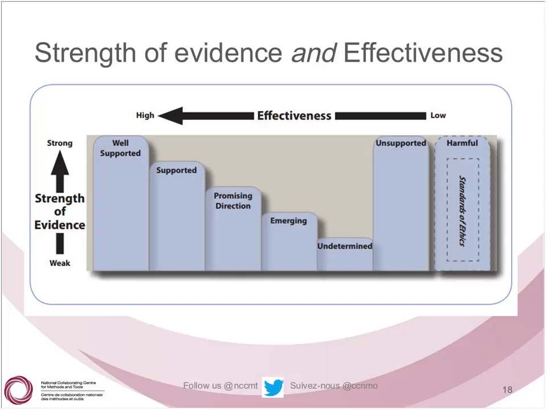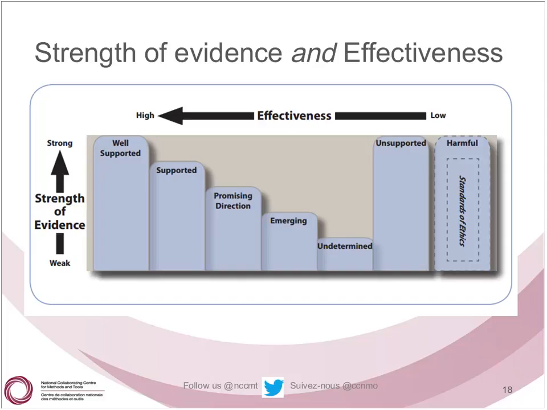We're not always fortunate enough to be asking a certain question and then being able to find good, strong evidence for that. And so when we're talking about best available, we recognize that sometimes the evidence can only support or maybe be considered promising or just emerging. And if that's the best available, we work with that.